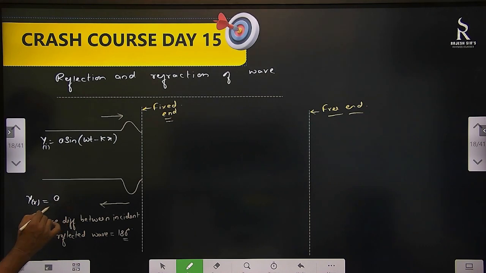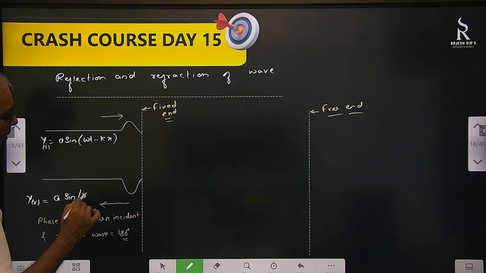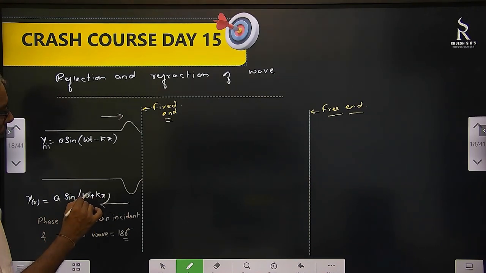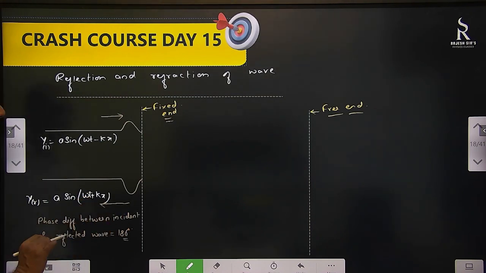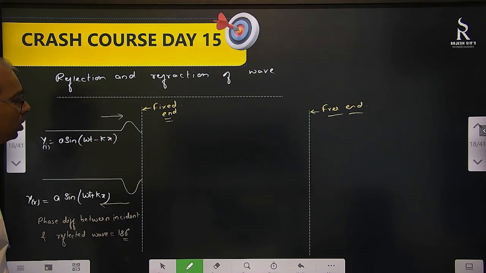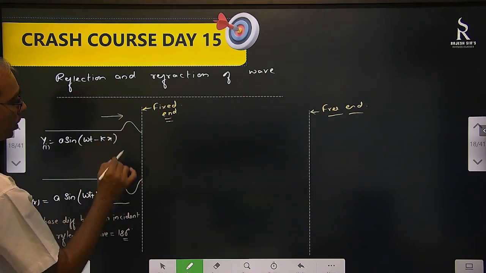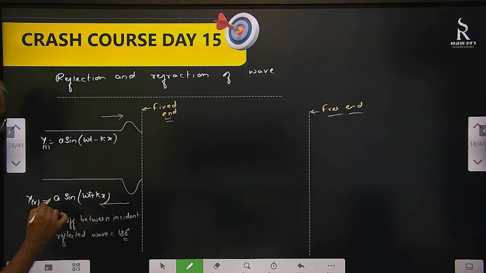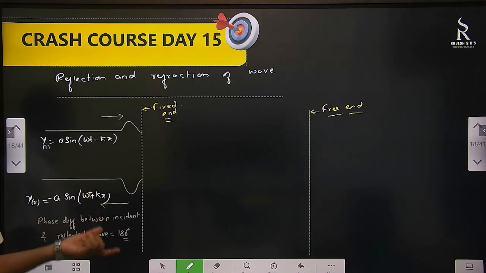Amplitude is the same, A sine (omega t plus kx). Why omega t plus kx? Because it's going along the negative x-axis. So x became negative, so I am writing it as omega t plus kx. But at the same time, you see, here it was above and here it is below. So here amplitude is positive, here amplitude is negative. So yr is minus A sine (omega t plus kx).